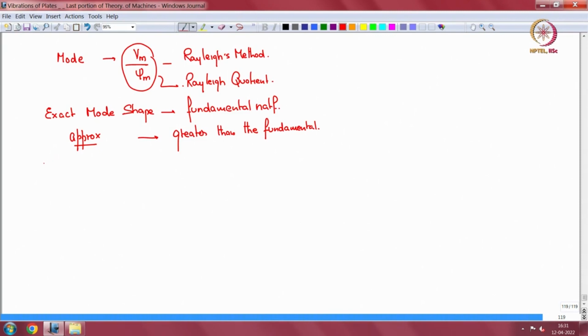Now the approximate mode shape must have some valid property. If we do not know the exact mode shape and we are going to approximate it, it must have some property for which it is a valid candidate. Such a candidate is called an admissible function.